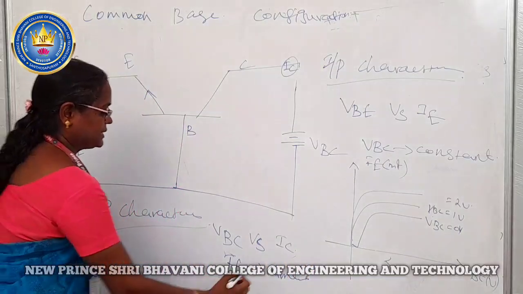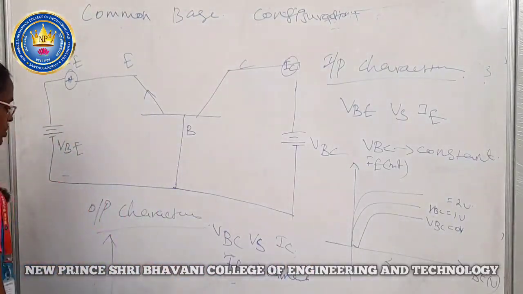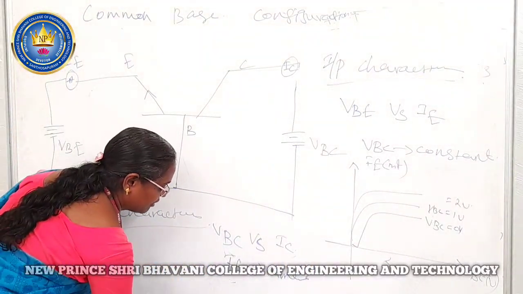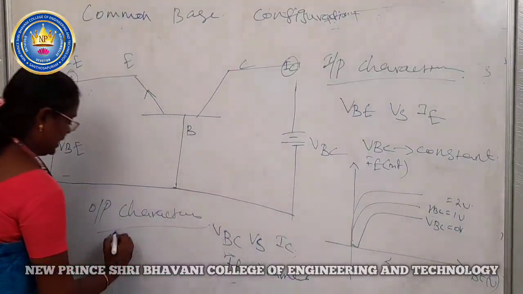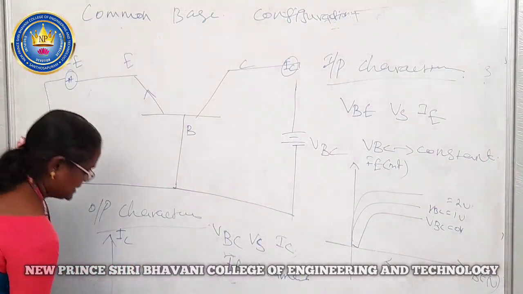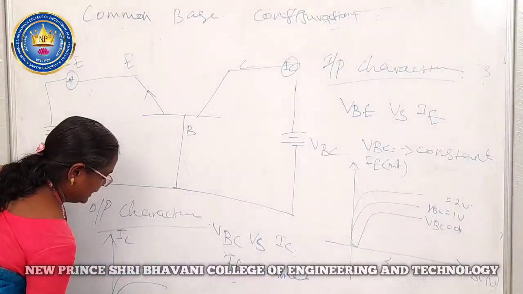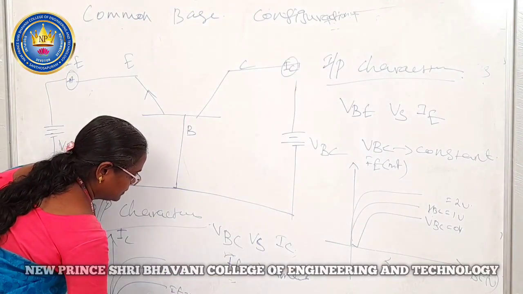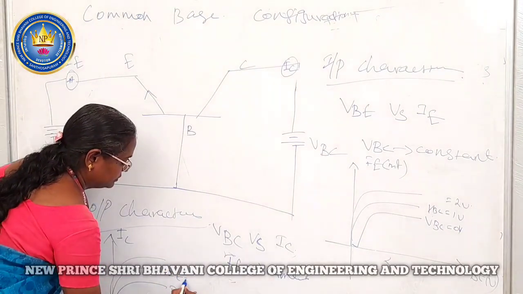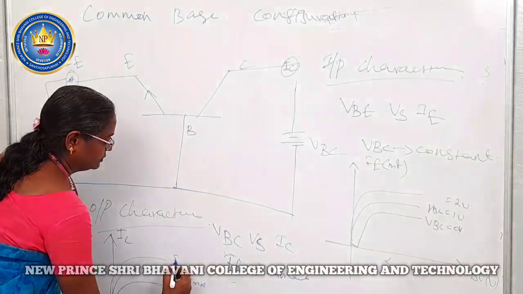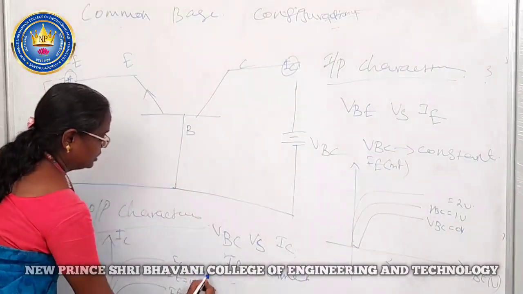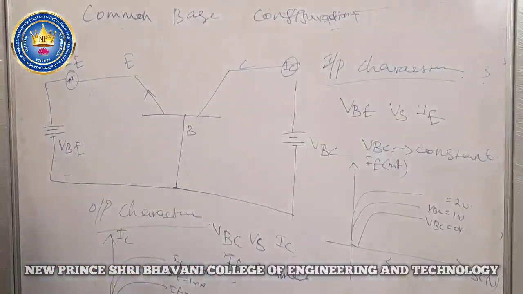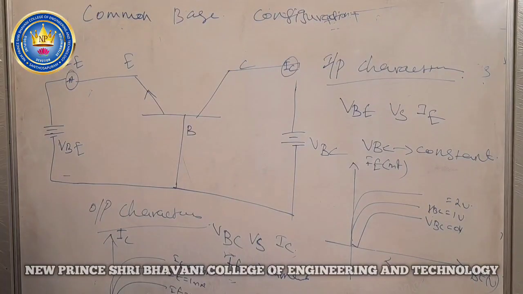So the IE current is kept constant. You have to draw the graph between VBC versus IC, and IE is kept constant. So this is for the output characteristic for common base configuration.